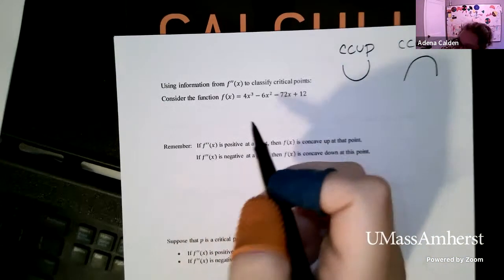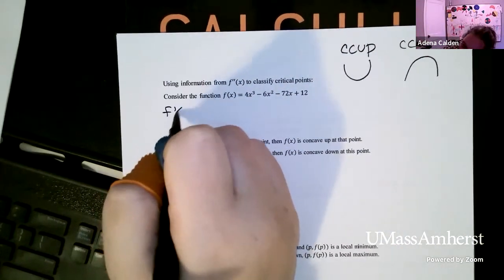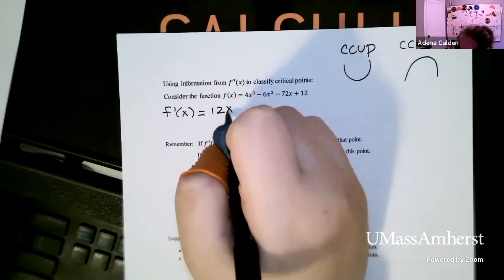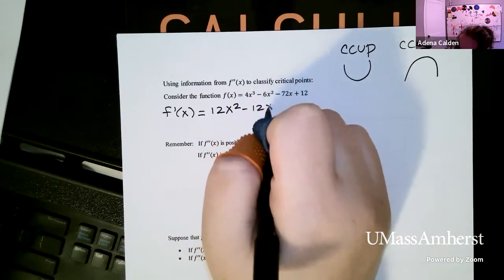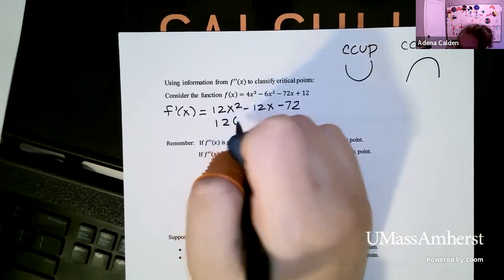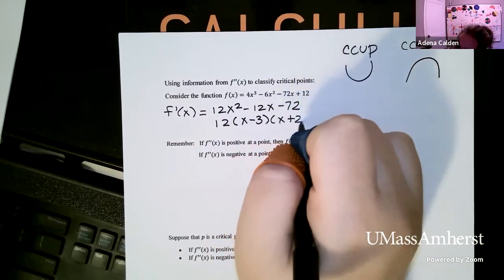So we have the function that we started with for our other tests. We found the critical points by going through the first derivative. So we have 12x squared minus 12x minus 72. We factored that. We had x minus 3, x plus 2.